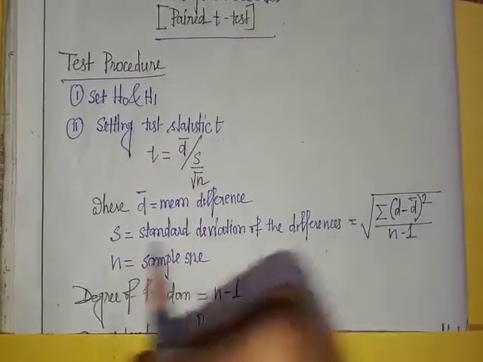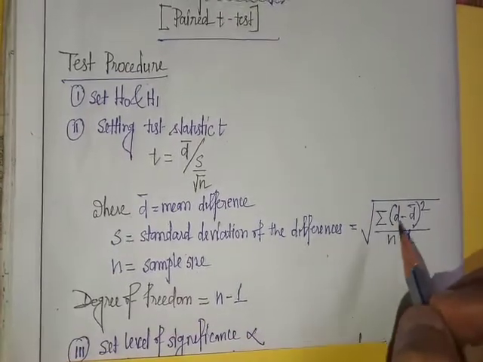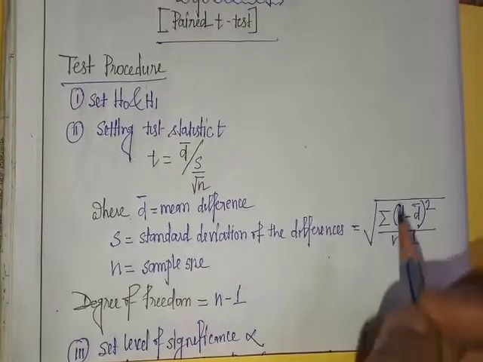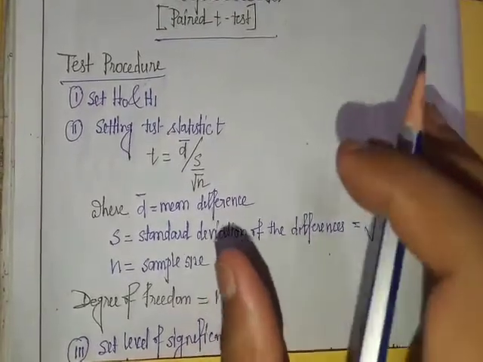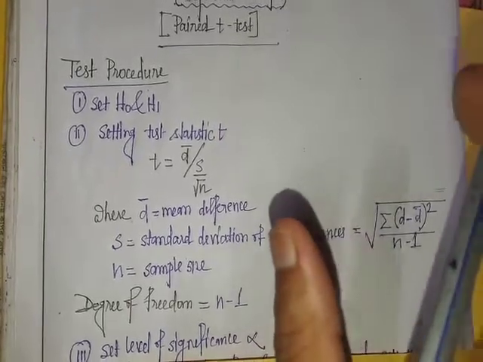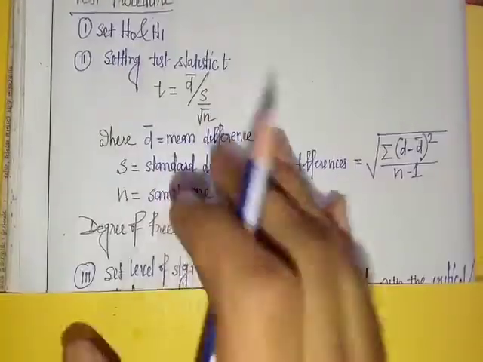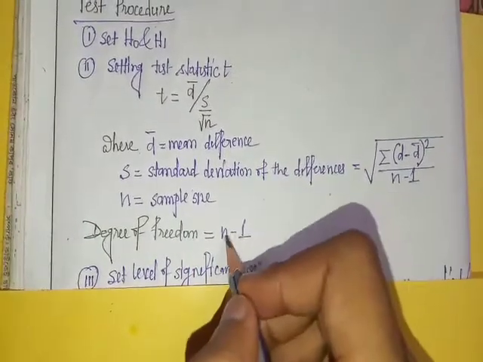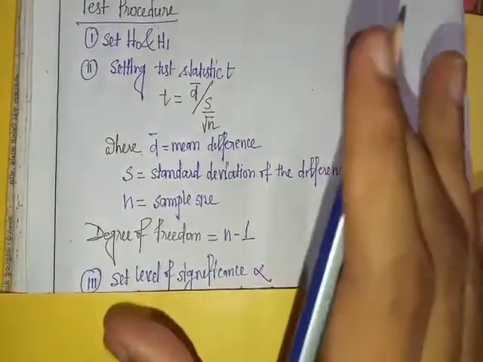The formula of s is root over summation of d minus d bar whole square by n minus 1, where d is the difference between two samples, or increment. Degrees of freedom in this case is sample size minus 1, that is n minus 1.